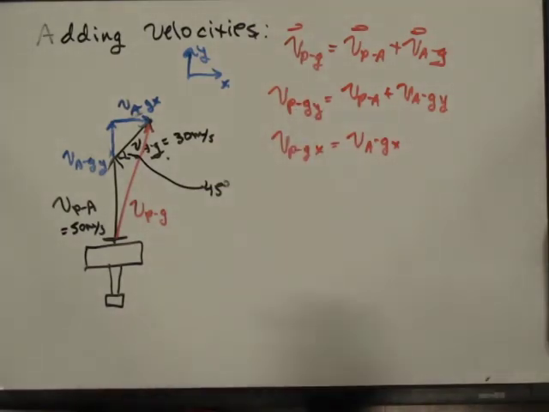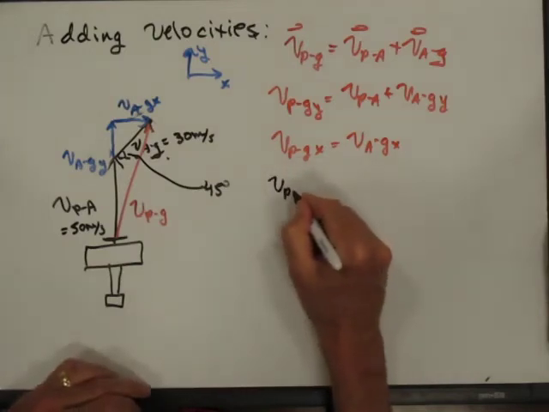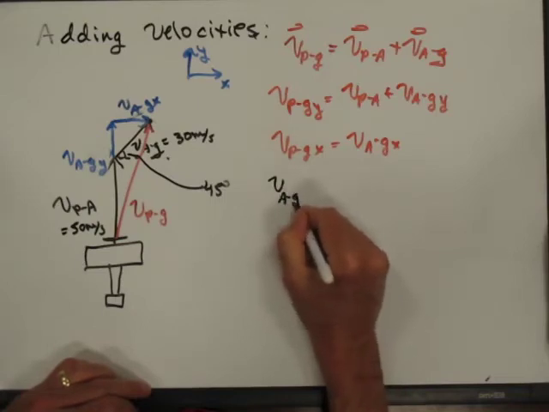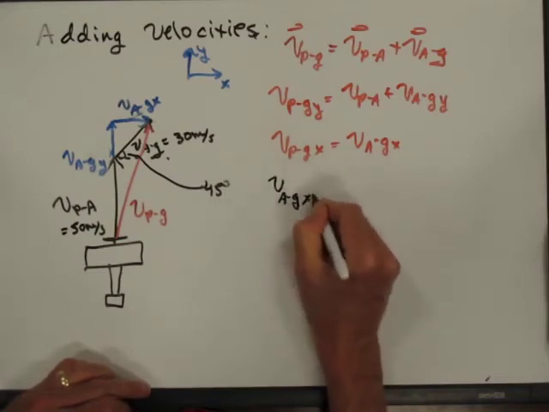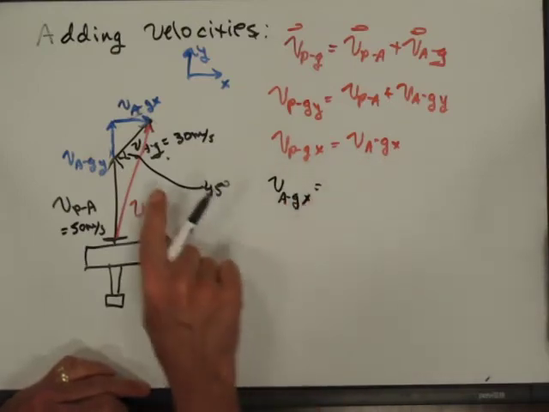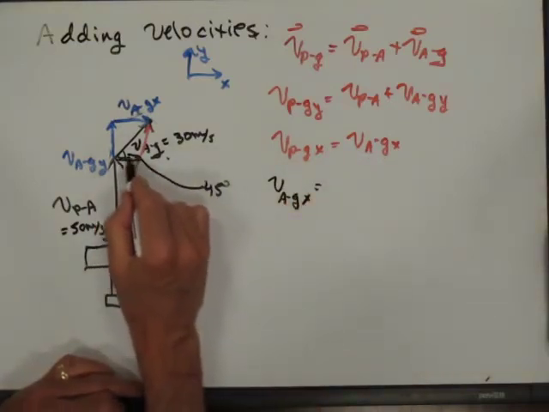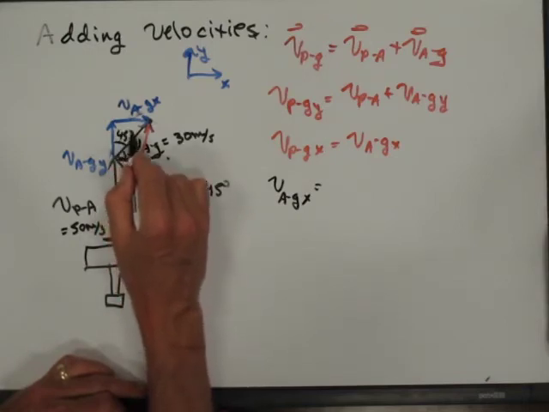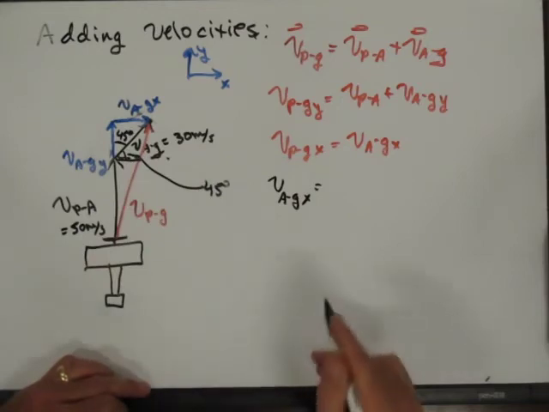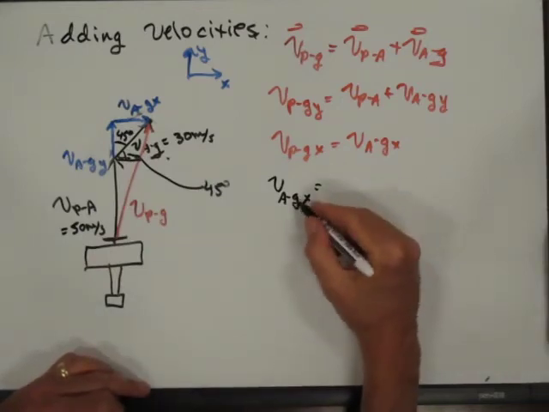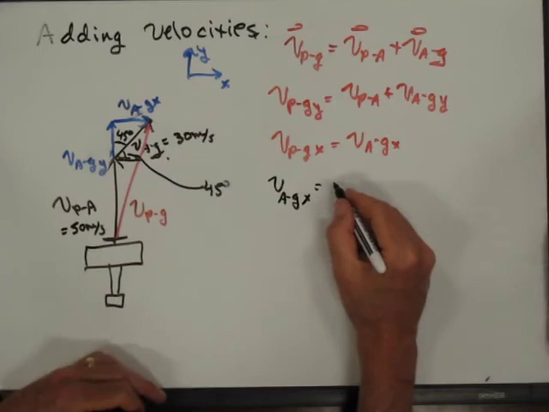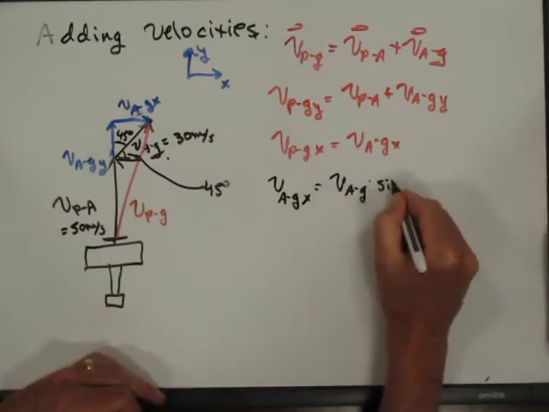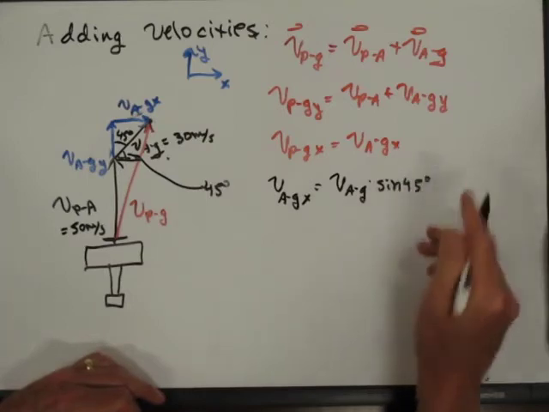And so we can say, look, the velocity of the air relative to the ground, the x component is equal to, if I say this angle is 45 degrees here, then this angle is also 45 degrees. 45 plus 45 is 90, and that gives me the velocity of the air relative to the ground, and the x component is the velocity of the air relative to the ground times the sine of 45 degrees.